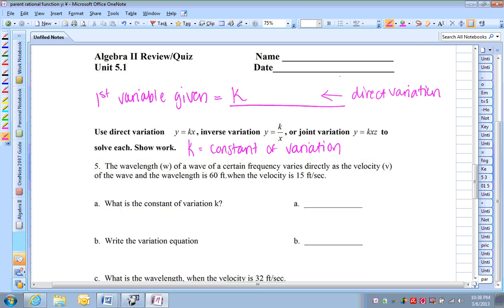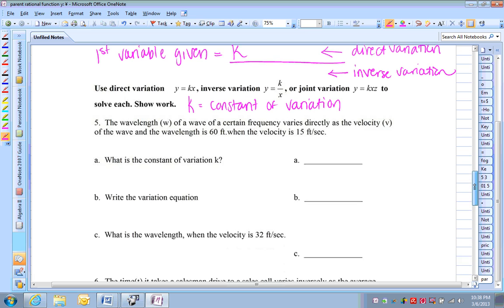And if it's joint variation, it goes on top. And then inverse, the variable will go on the bottom. So it's always the first variable given equals k, and then if it's joint or direct, it'll go on top, and if it's inverse, it goes on the bottom.